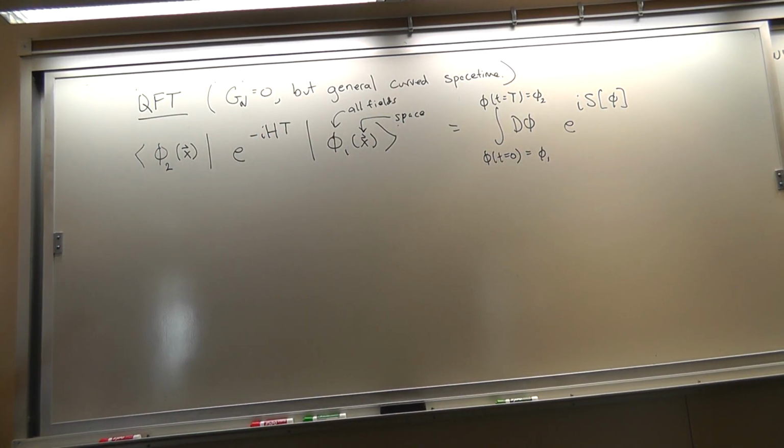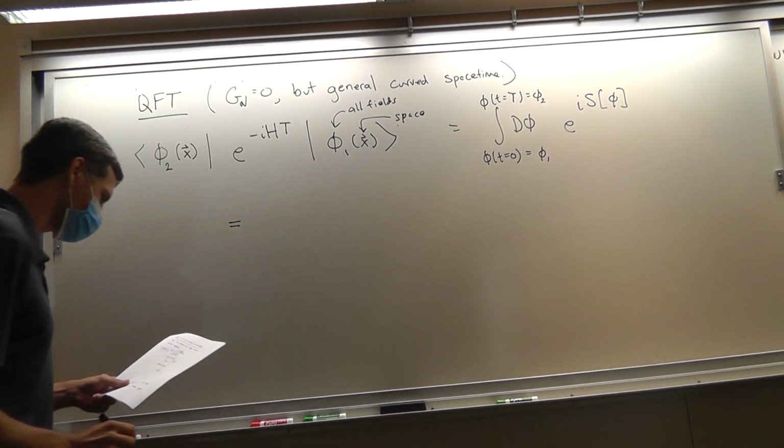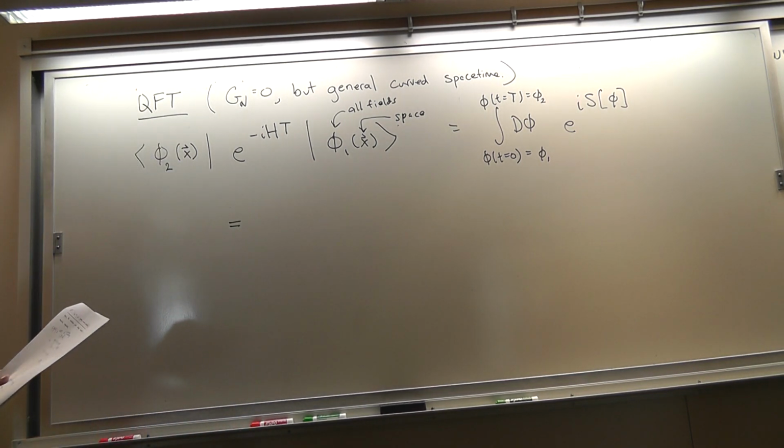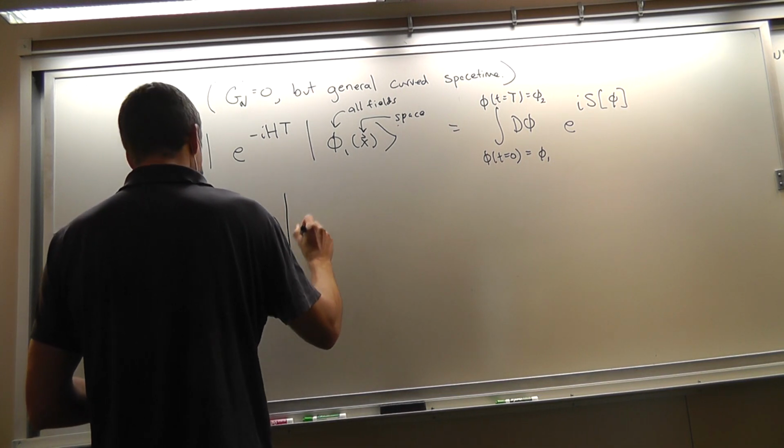Okay, I get tired of writing those path integrals real quick, so I'm going to draw pictures of them. We're going to have about 1 million pictures like this in this course.